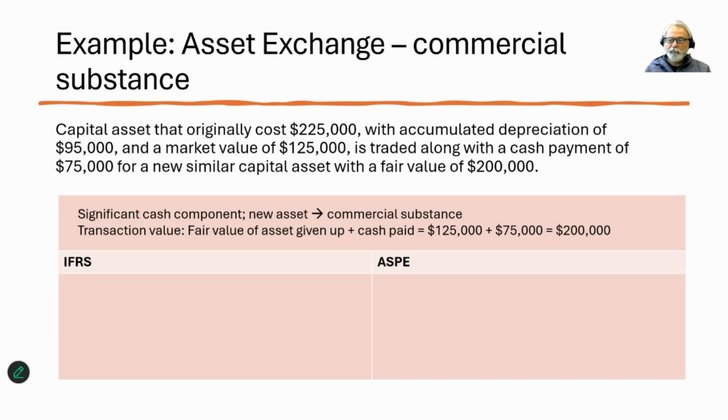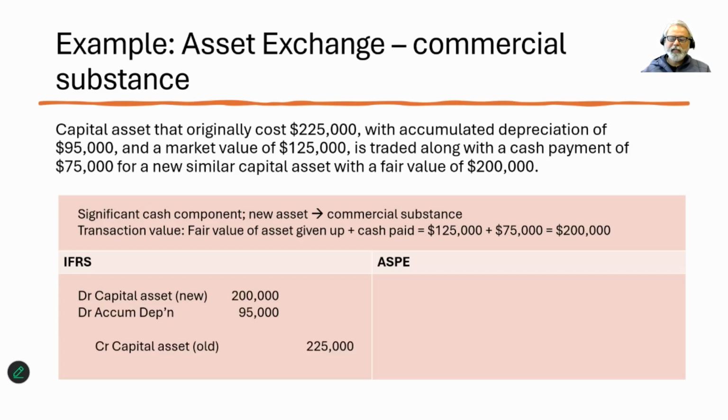The accounting will be, you will debit the new asset for $200,000. You will derecognize the old asset by crediting its cost of $225,000, debiting accumulated depreciation of $95,000. We paid cash of $75,000, so credit cash $75,000. And to now balance out the entry, we need to debit a loss on exchange, $5,000.